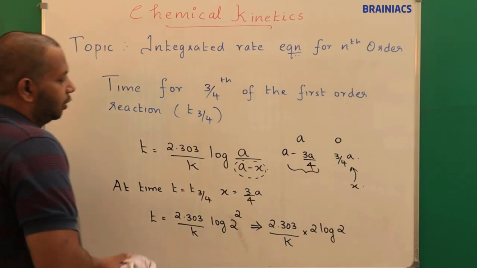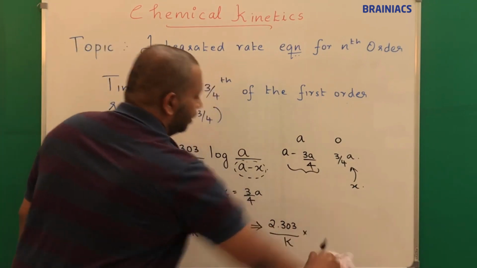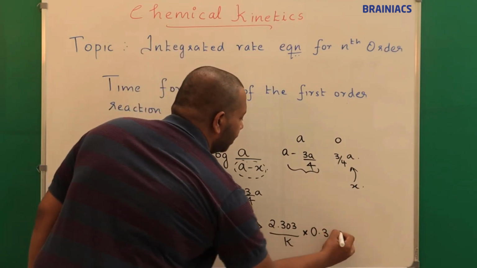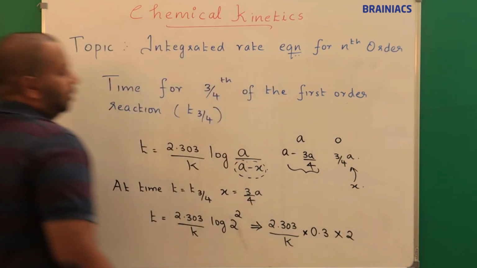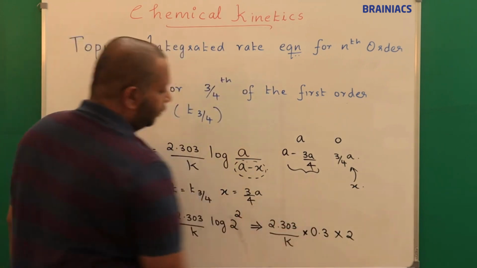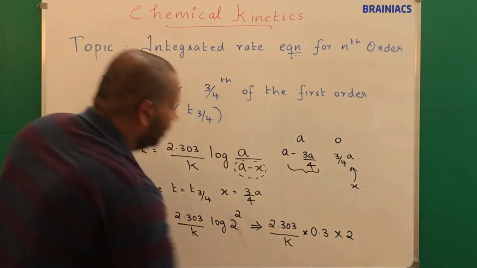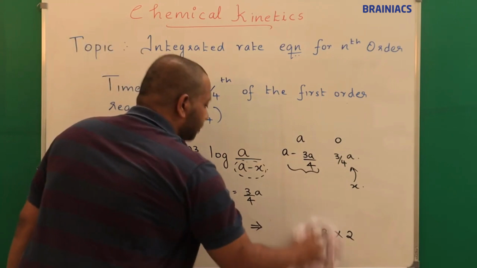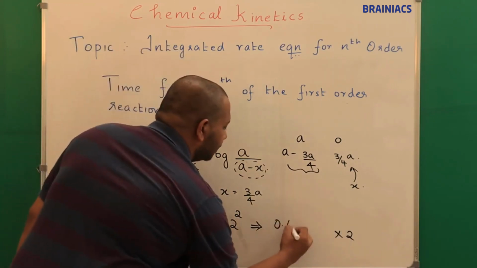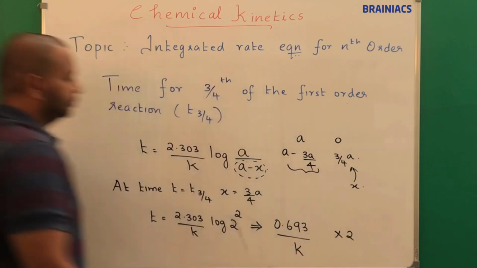Or I can substitute and convince you. So what is log 2 here? Log 2 is 0.3, so this is 0.3 times 2. So when you multiply 2.303 into 0.3, what will happen there? This will become 0.693 divided by k into 2.